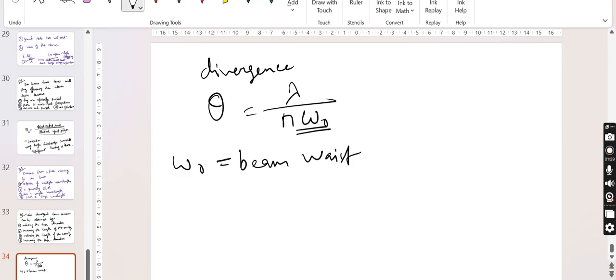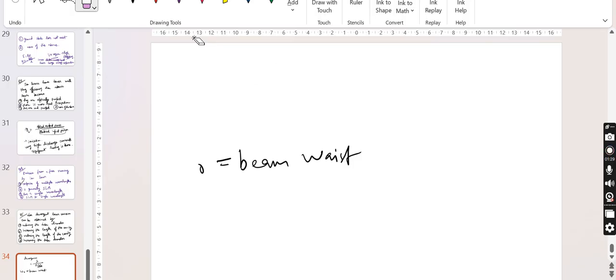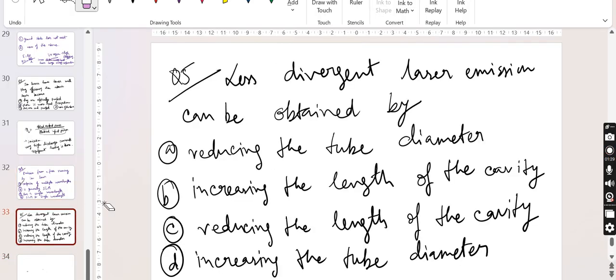If we reduce the tube diameter, it improves the spatial mode control. Increasing the length of the cavity doesn't do any good; the cavity length does not have much effect on the divergence.